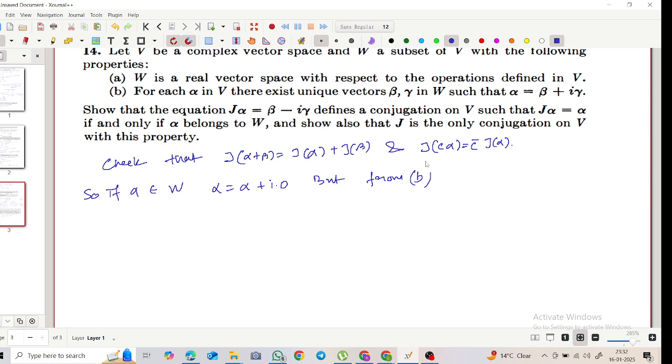This is a unique expression. Thus, J alpha is alpha.